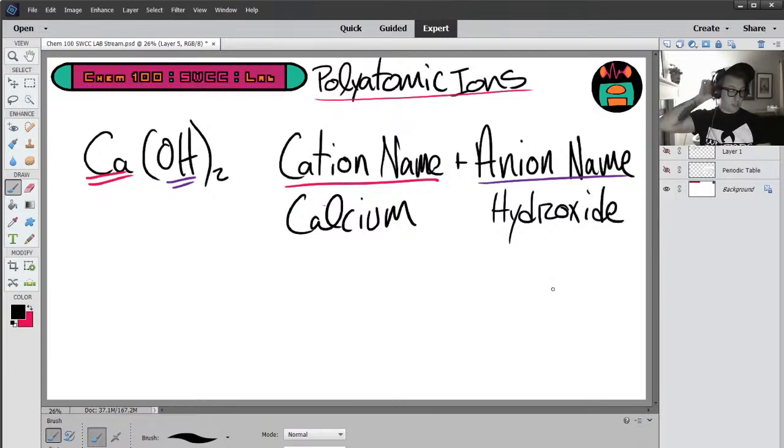So this ionic compound that includes polyatomic ions would be named calcium hydroxide. Like all ionic compounds, it doesn't matter how many of each is present, it's just cation name, anion name.